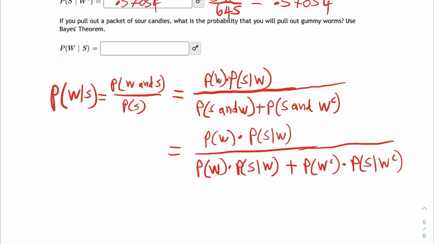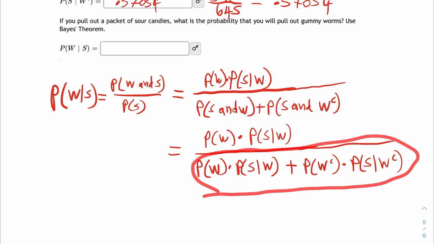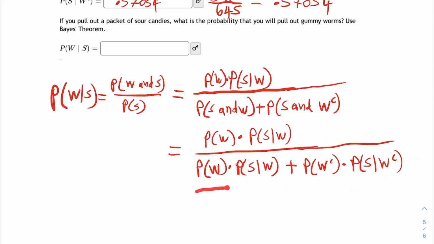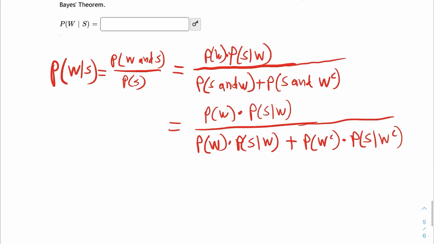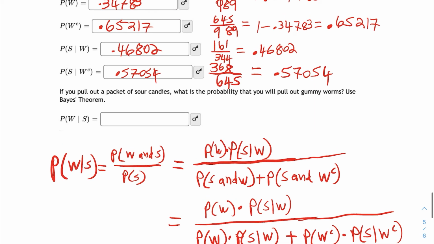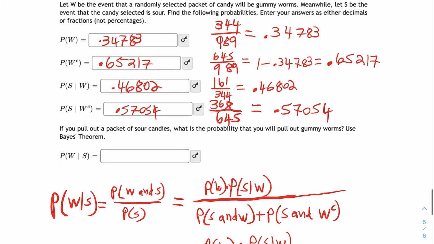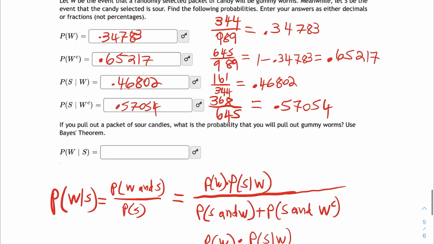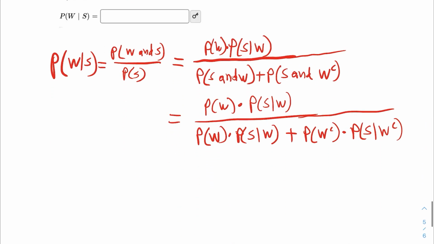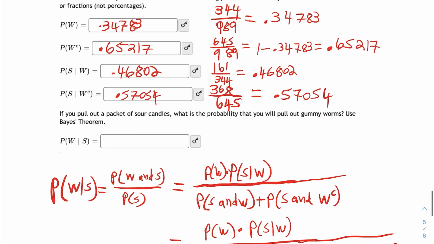So basically, the denominator gives me the total probability of being sour, because I have sour and gummy worms and sour and not gummy worms both included. I can find all these probabilities. They're all right there. The probability of W is 0.34783. The probability of S given W is 0.46802.